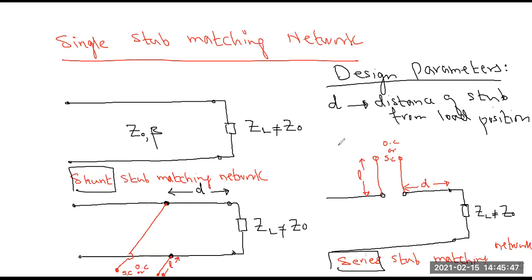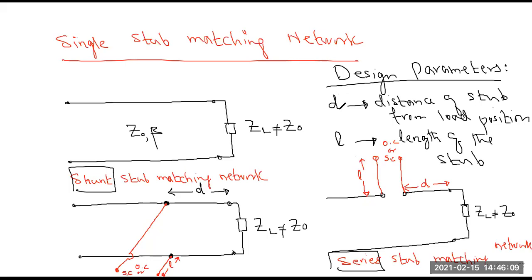And the second design parameter is L, small l, and what is small l? It is representing the length of the stub. Because how much should be the length of this stub? This is something that we will find out in a short while.